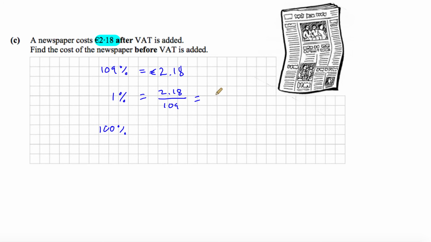So 2.18 divided by 109, you do that in your calculator, that gives you 0.02 or 2 cents. So 1% is 2 cents, and if we then want to find what 100% is, well, 100% will be the 0.02, which is 1%, multiplied by 100. And that just gives us €2. So €2 is the cost of the newspaper before VAT is added. That's our answer, and that's the end of the question.